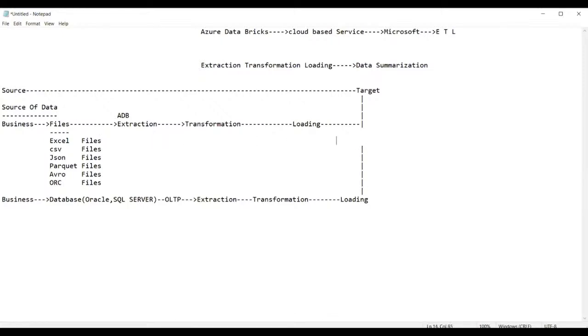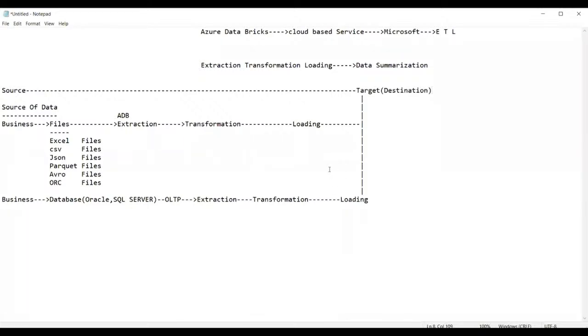I'm linking up just to show you guys, these all will reach the destination like this. Finally, the data reaches the destination. Target is nothing but the destination.